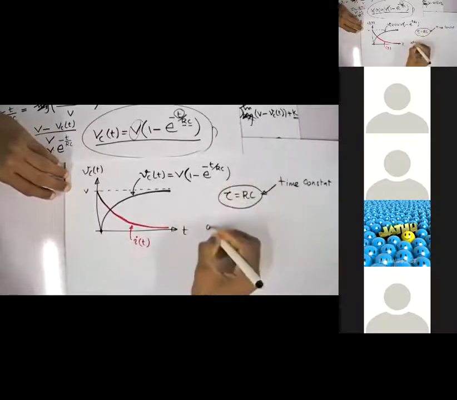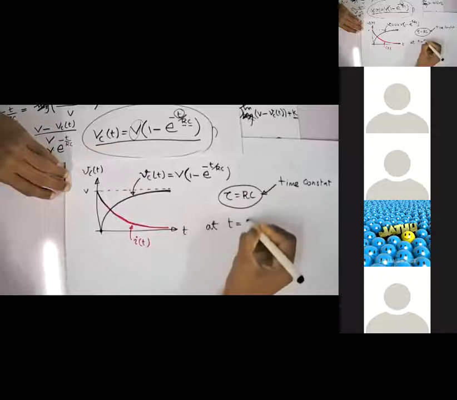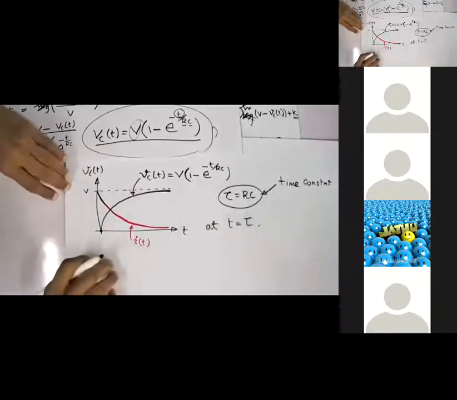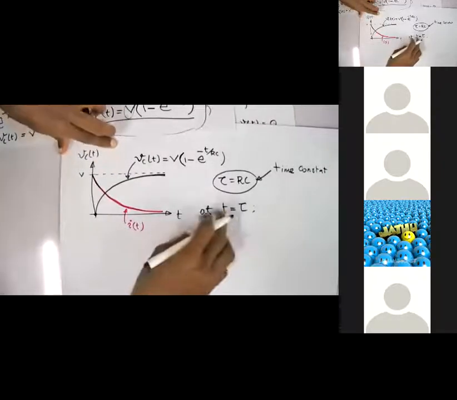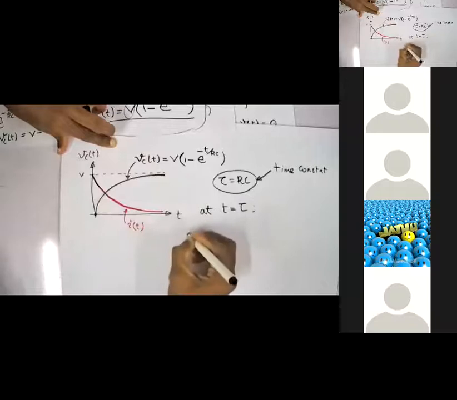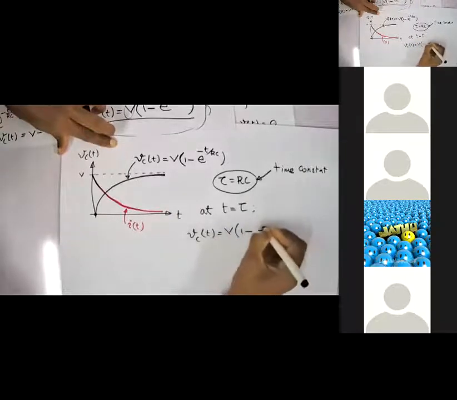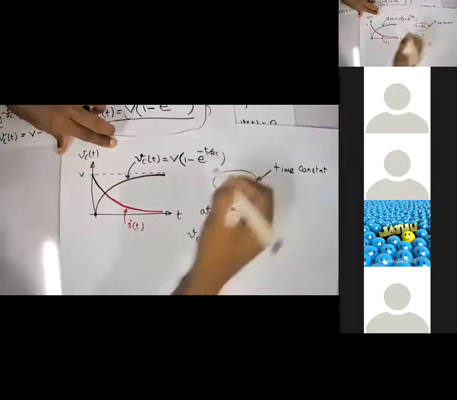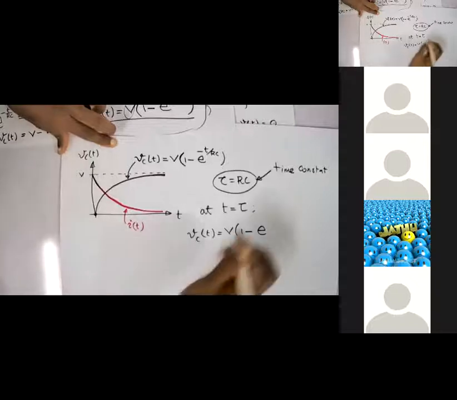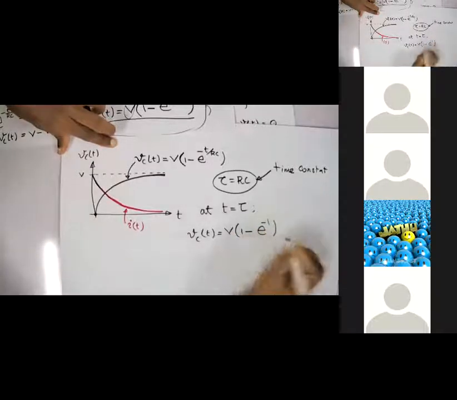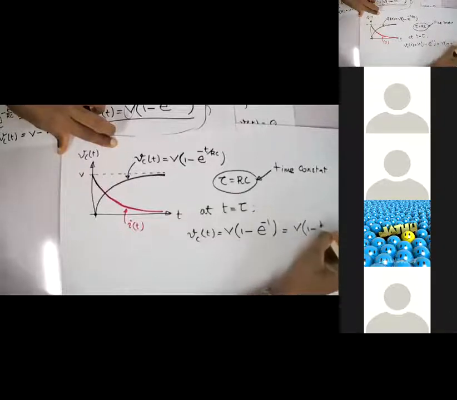So at t equals tau, what will be my Vc of t? V into 1 minus e to the power minus RC by RC. What is minus RC by RC? E to the power minus 1, so I would write it as V into 1 minus 1 over e.